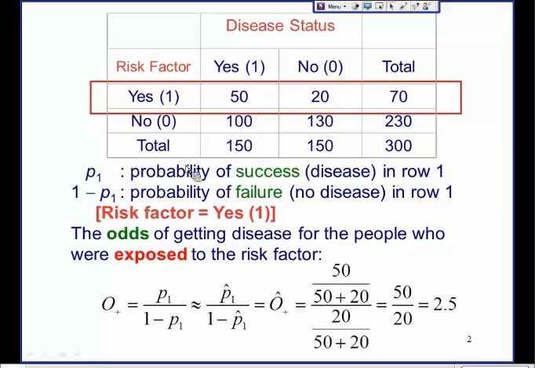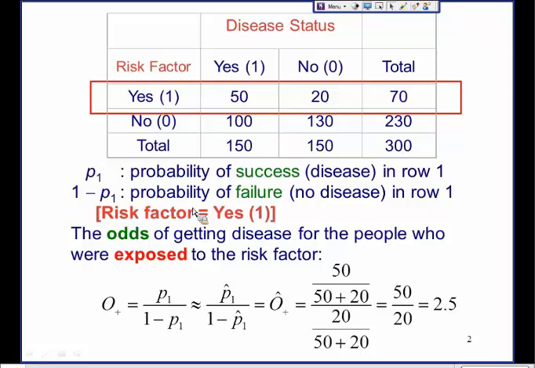So P1 denotes the probability in row 1 of having disease, that is, disease status is 1 or yes. And 1 minus P1, of course, is the probability of not getting disease given that you're exposed to the risk factor.